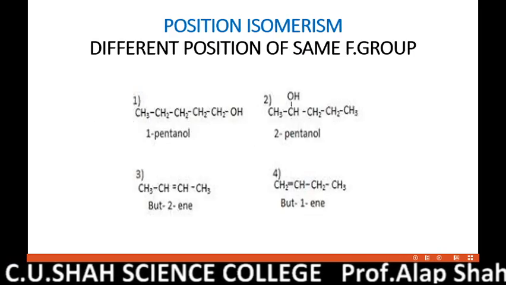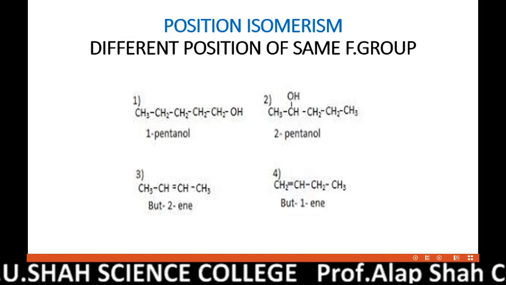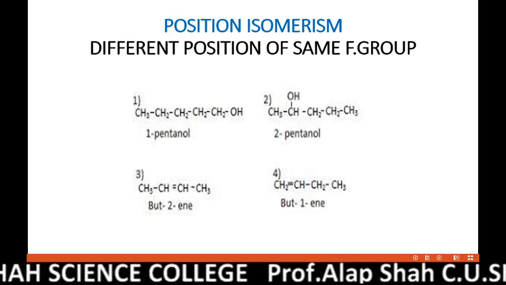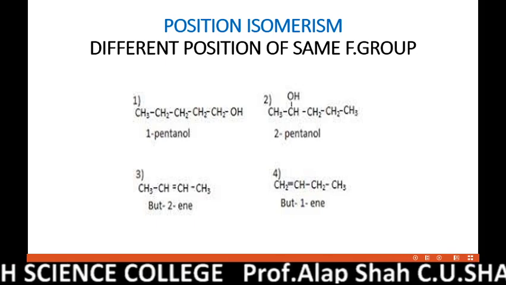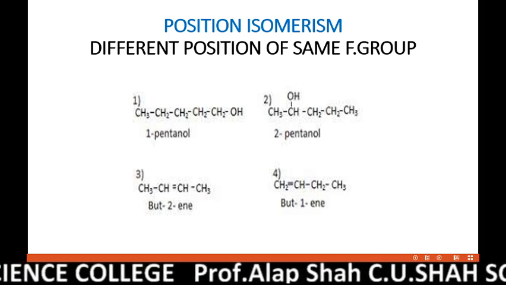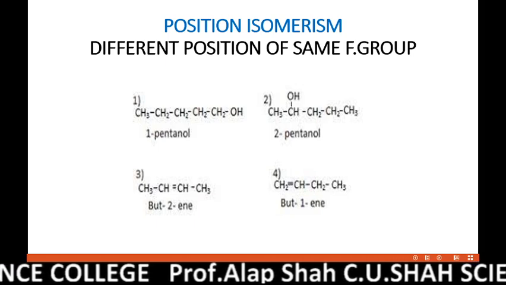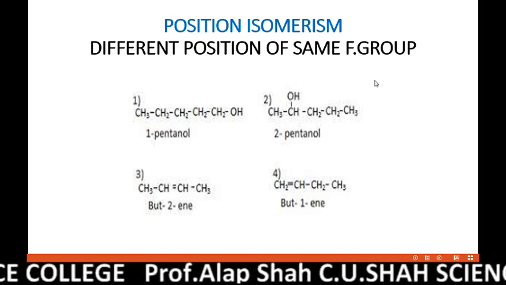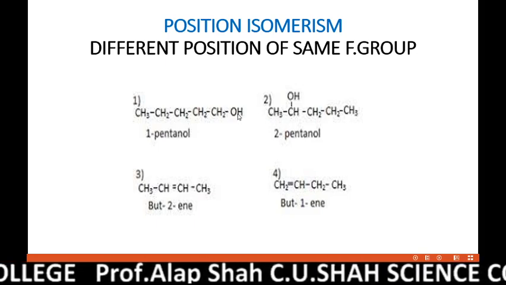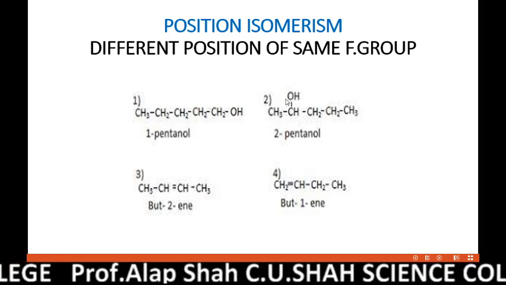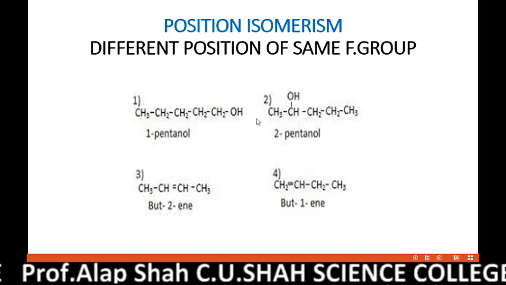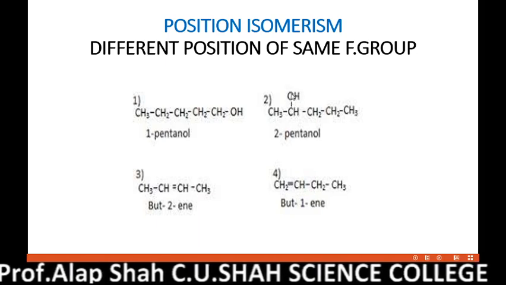Third is position isomerism. Here the carbon chain is the same, the functional group is the same, but the position where the functional group is attached is different. See the example: 1-pentanol and 2-pentanol, a chain of 5 carbons in both, a hydroxyl group present in both, but in 1-pentanol the OH group is attached to the first carbon, while in 2-pentanol it is attached to the second carbon.